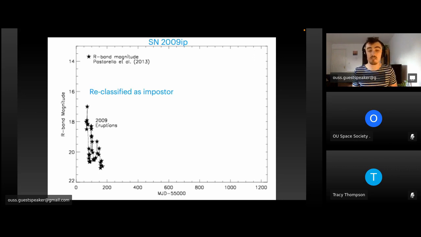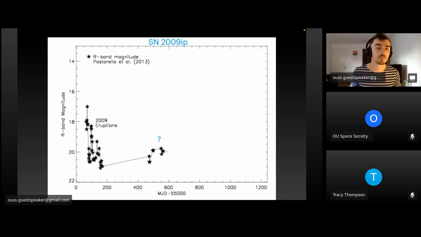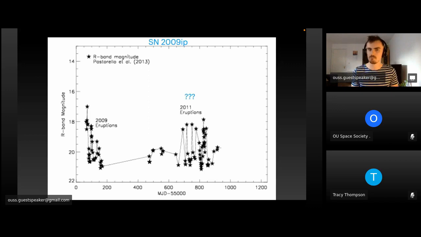And then a couple of months later, it was forgotten about. And then in 2010, it was seen again undergoing outbursts. We weren't really quite sure what was going on here. Maybe it was just the star undergoing something funny, maybe a binary interaction where the star was just having a bit of a tantrum. And then in 2011, it starts to show severe erratic variability.